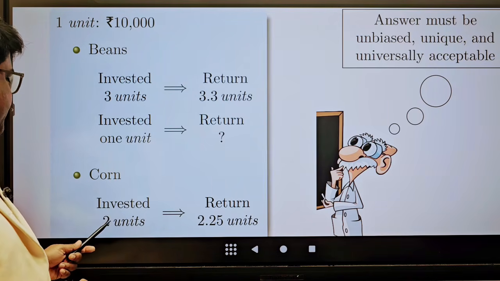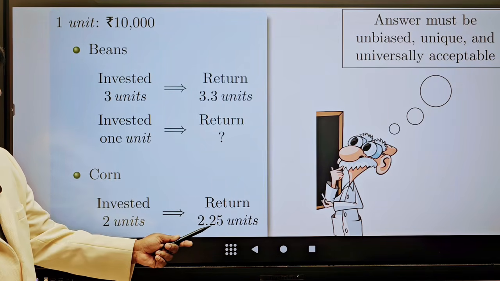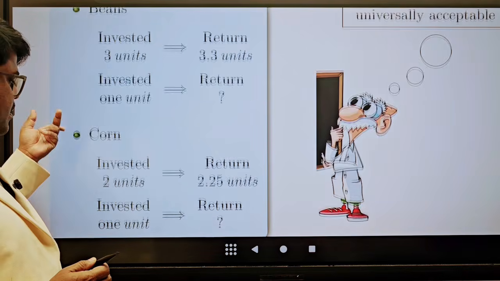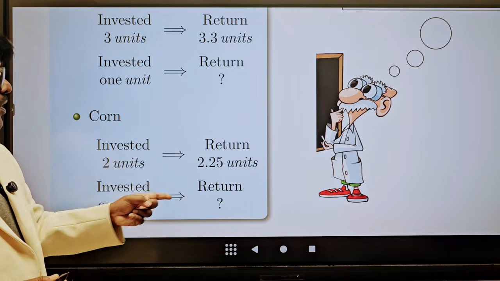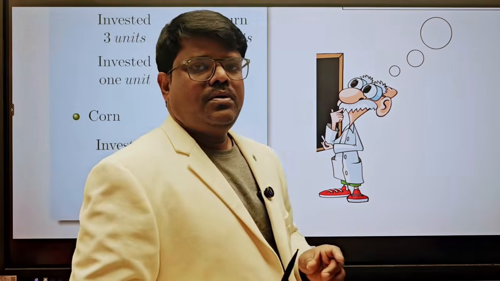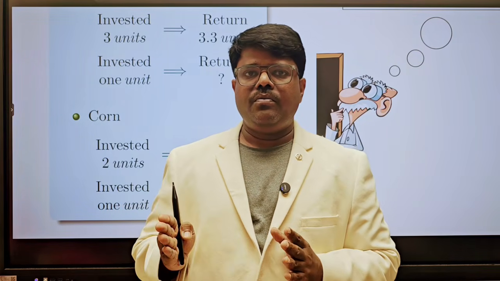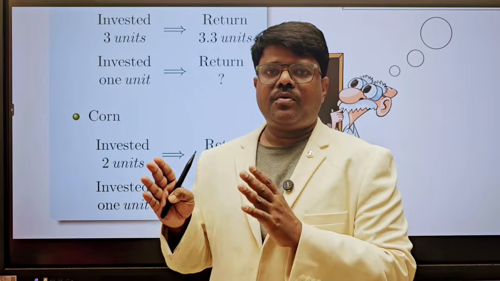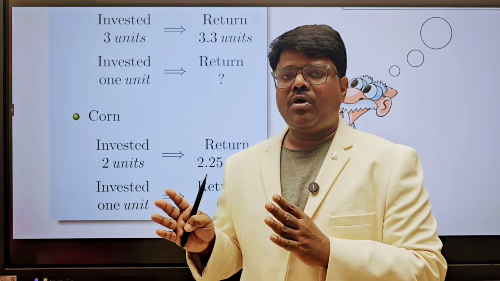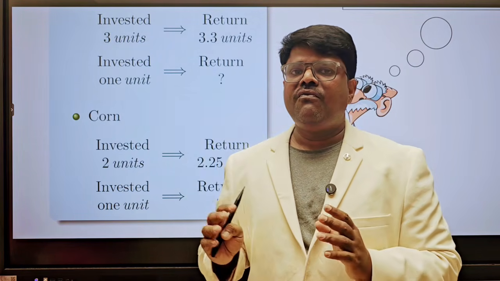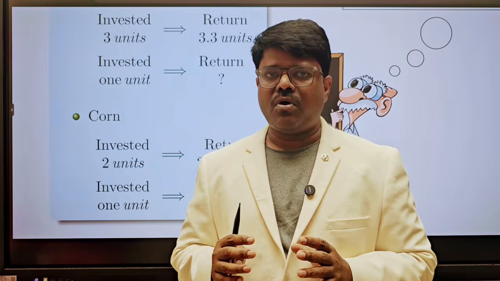For corn, investment is 2 units, return is 2.25 units. For 1 unit, how much? Investment is not the same, therefore I have fixed 1 unit. I want to know for 1 unit how much in case of beans, and for 1 unit how much in case of corn.